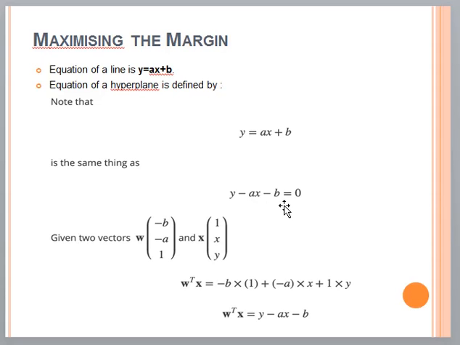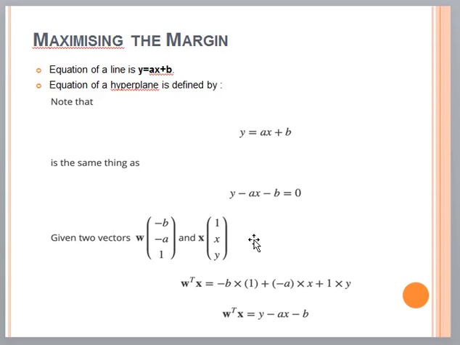Now I can have two vectors. On the basis of this equation, these two vectors can be given as w, whose coefficients will be minus b, minus a, and since we have 1 with y, it will be 1, right? And for the vector x, it will be 1, which is here, and then we have this x and this y, right?